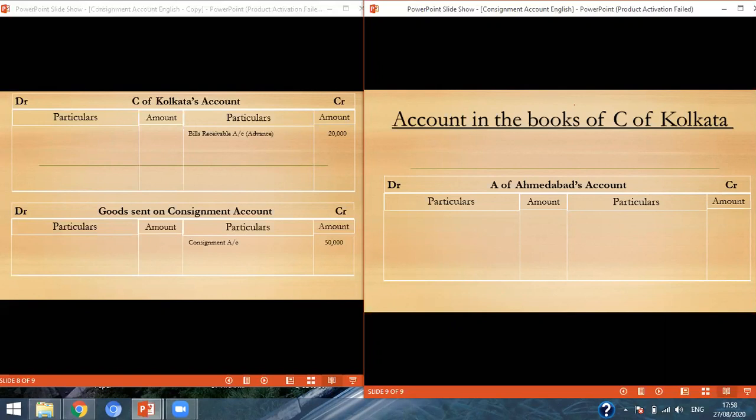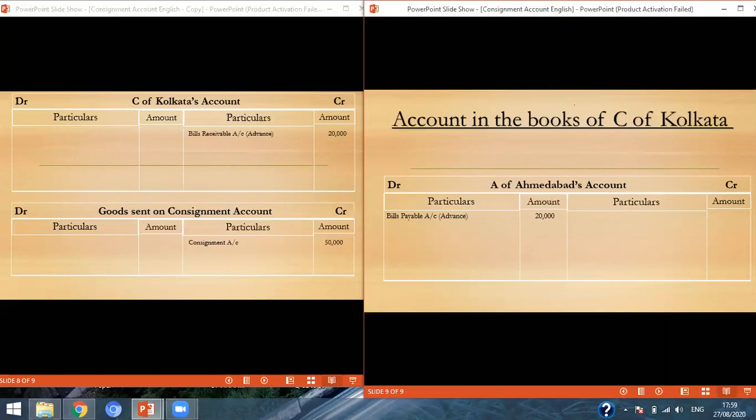Nothing else will happen. See, here the bills receivable account, in bracket we have written the advance 20,000. It is on the credit side, so here it will come on the debit side as bills payable, because it is bills payable for C Limited.